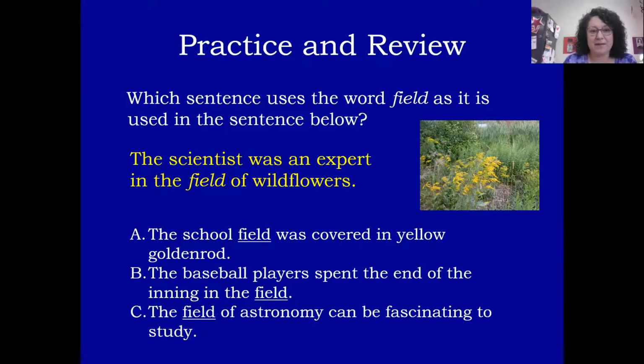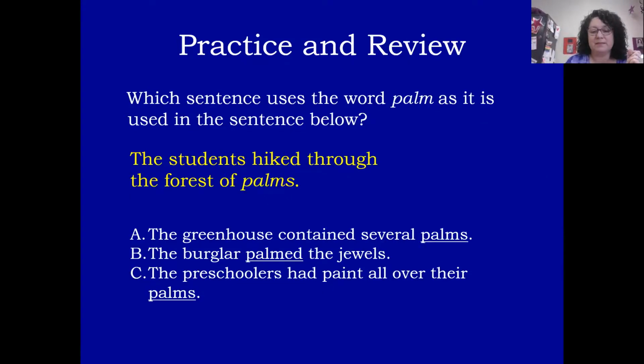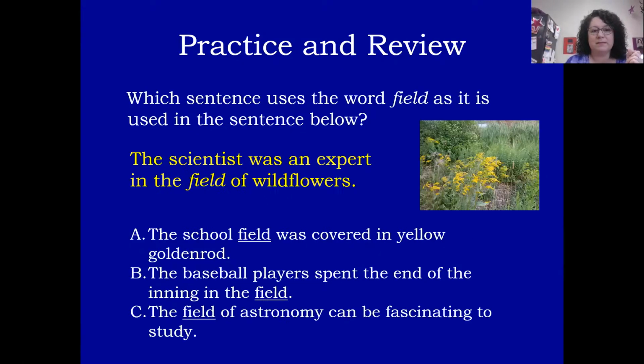Probably definitely not, because we're talking about a scientist here. The field of astronomy, which is like the study of stars, can be fascinating to study. So this scientist is an expert in something. Which sentence also uses the word field, sort of like something that you're studying? A or C? It didn't pop up, but the answer is C.